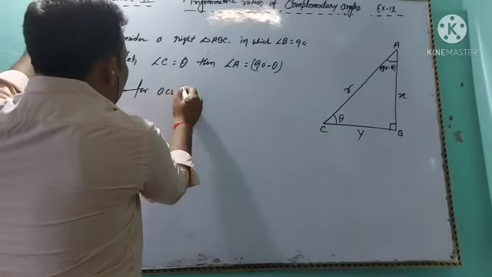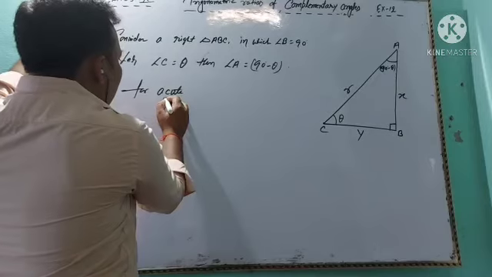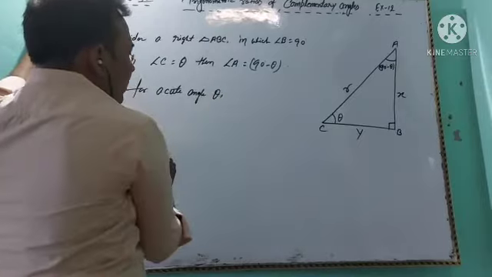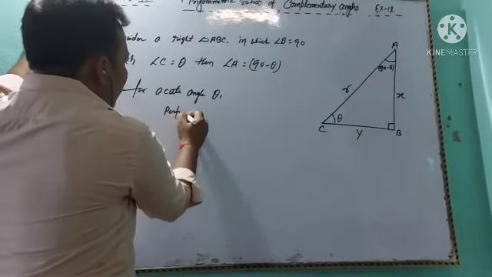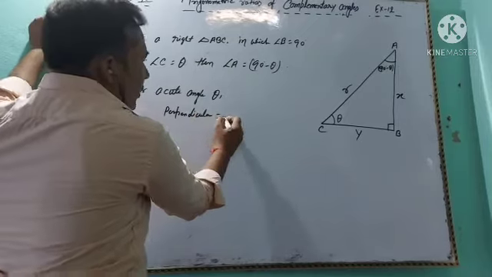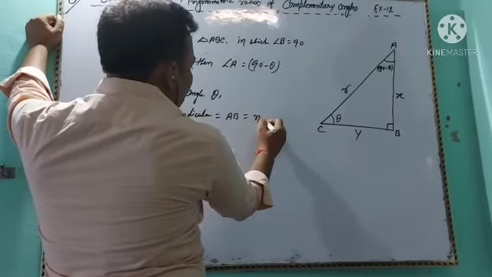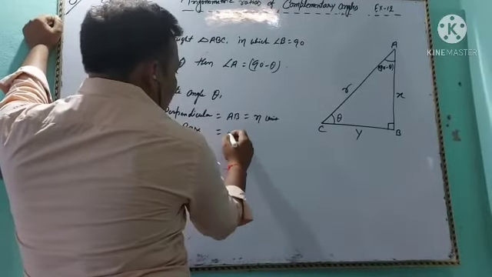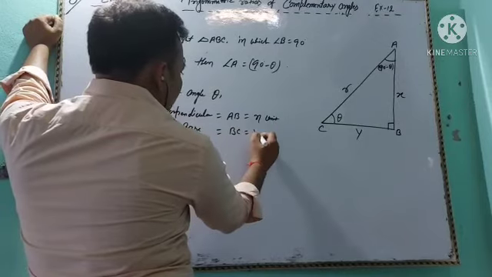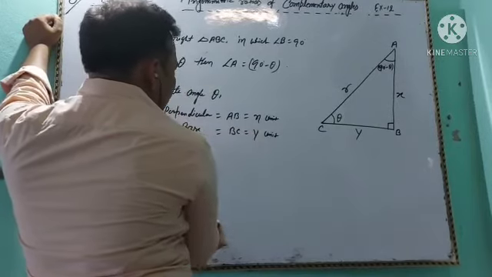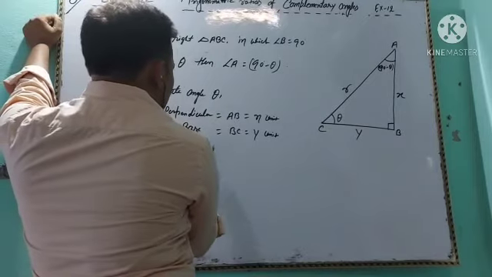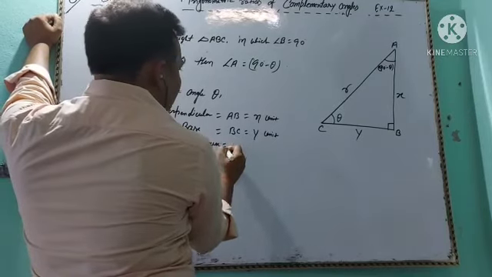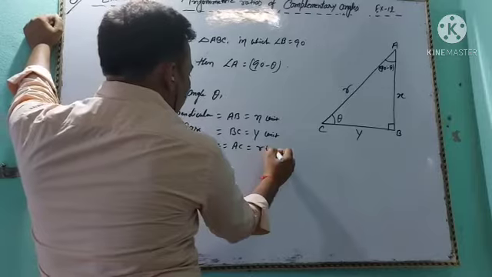For acute angle theta, perpendicular is equal to AB is equal to X unit, base is equal to BC is equal to Y unit, and hypotenuse AC is equal to R unit.